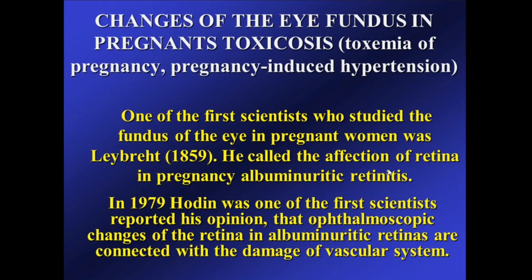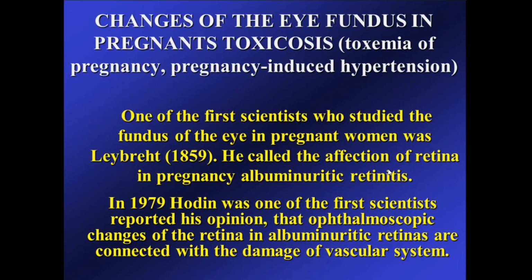So there are a lot of names, but it is the same disease: when we see in a pregnant woman arterial hypertension and edema and changes in the vascular system.